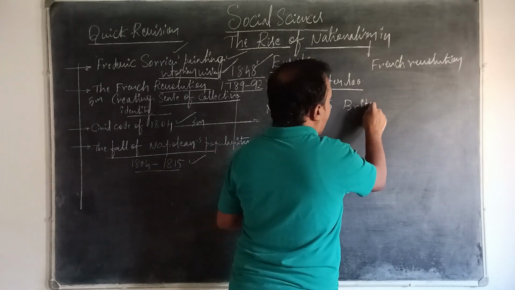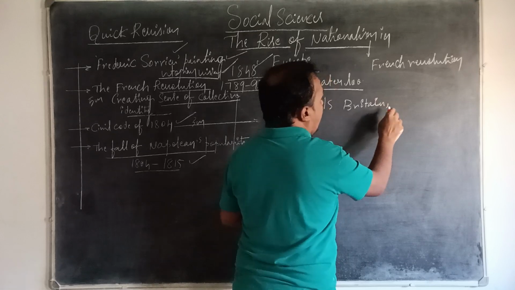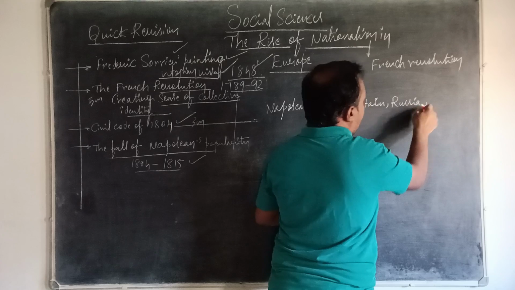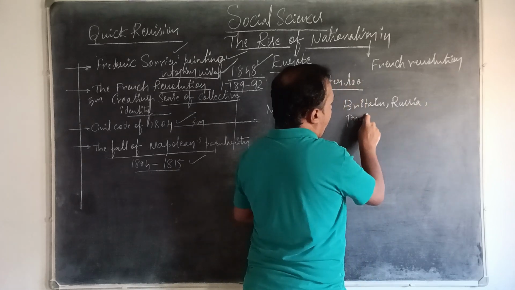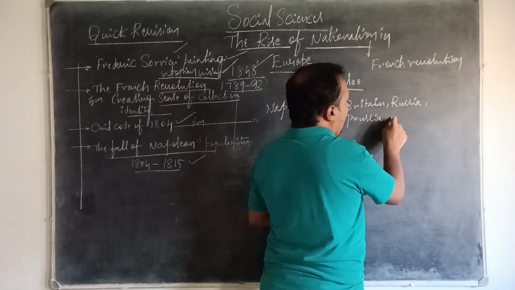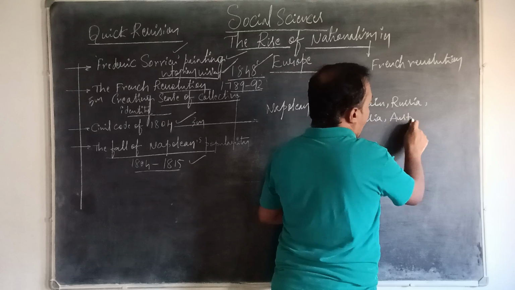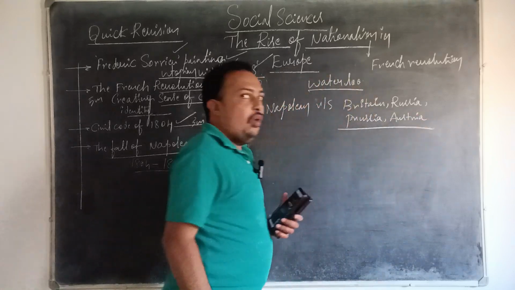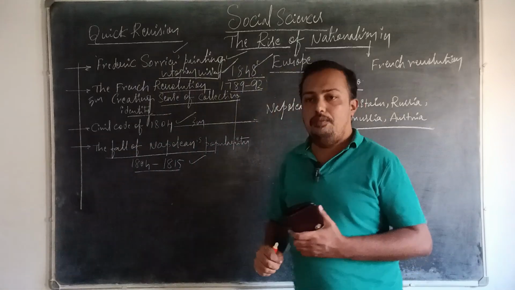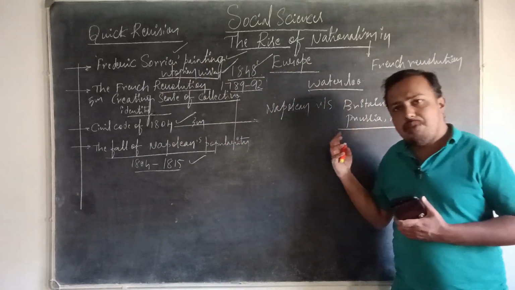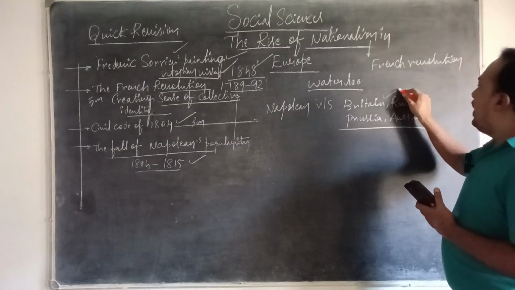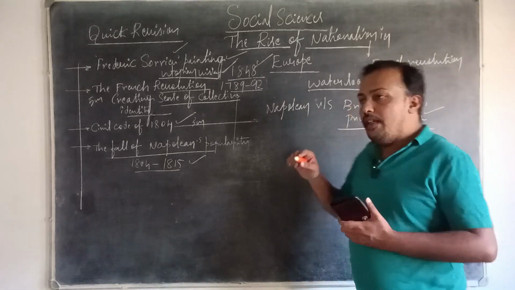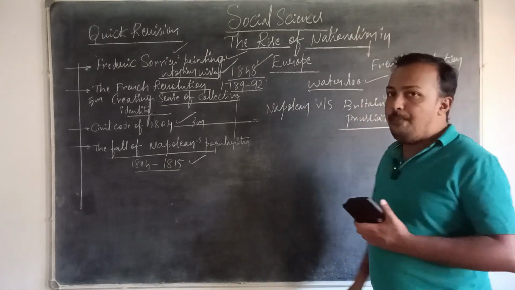Led by Britain, Russia, Prussia and Austria. So this combined force of four monarchical powers of the time, that is Britain, Russia, Prussia and Austria, defeated Napoleon in the Battle of Waterloo.